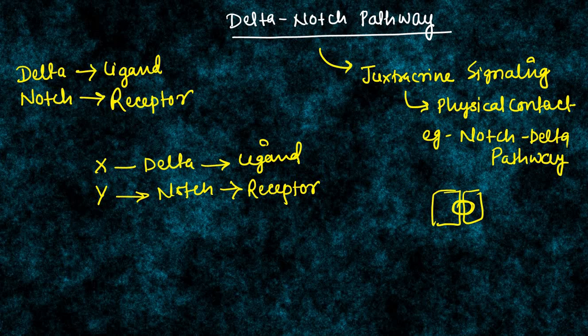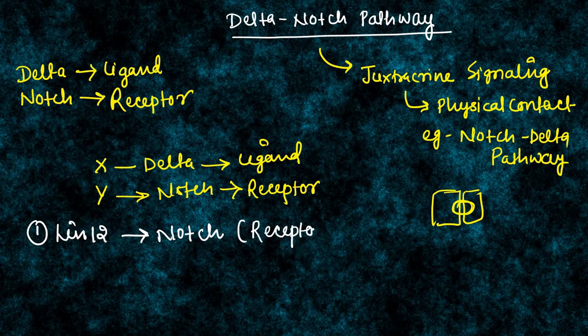Similarly, there are two molecules in the case of C. elegans. The first molecule is Lin-12, which you have just seen. Lin-12 is acting as notch, which means it is acting as a receptor. Obviously, if a receptor is present, there should also be a signaling molecule, a ligand.